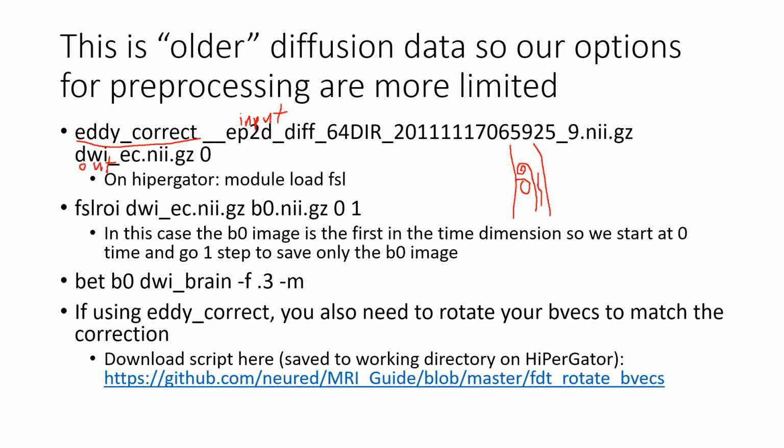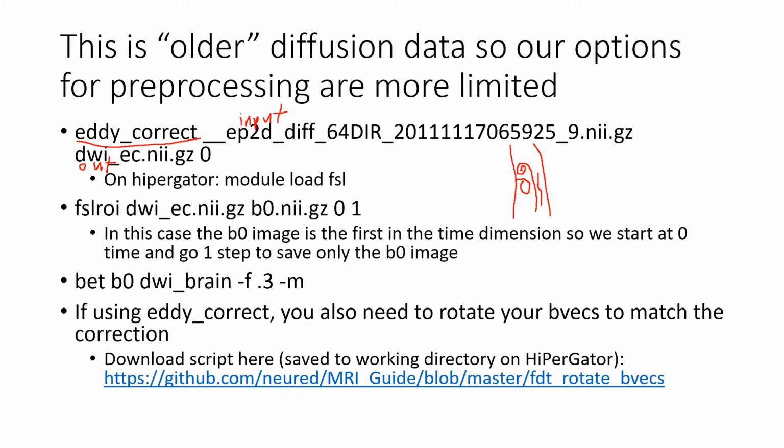So if you were looking at the bval file that we looked at, and it had the 0 in a different location, so maybe it had 1,000, 1,000, 1,000, 1,000, 0, and then 1,000, 1,000, 1,000, you would count the thousands and say the 0 was the 5th scan.